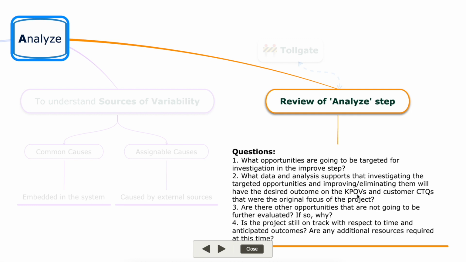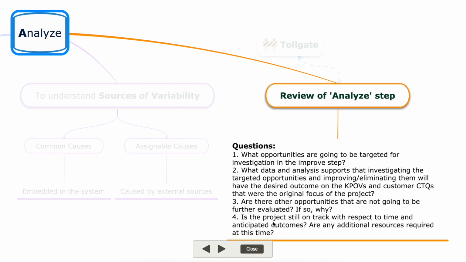Remember, KPOVs are key performance output variables. So what will be the effect on KPOVs and customer CTQs that were the original focus of the project? Are there other opportunities which are not going to be further evaluated? If so, why? Is the project still on track with respect to cost, time and anticipated outcomes?